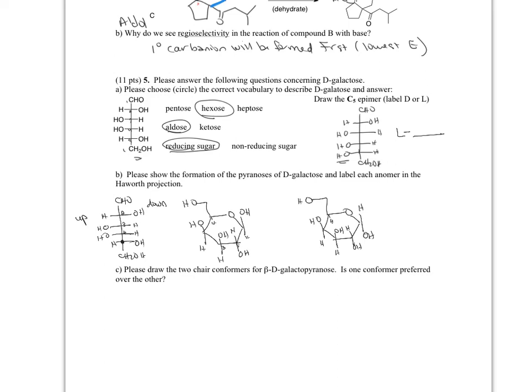Okay, and then it said label each anomer. So this is the beta, this is beta-D-galactopyranose. And this is alpha-D-galactopyranose.